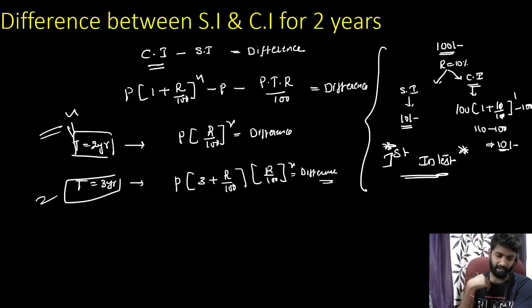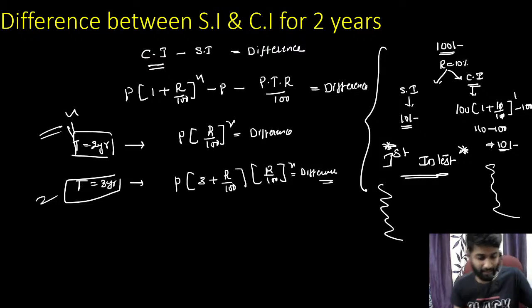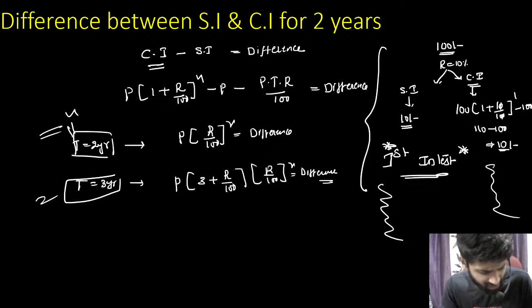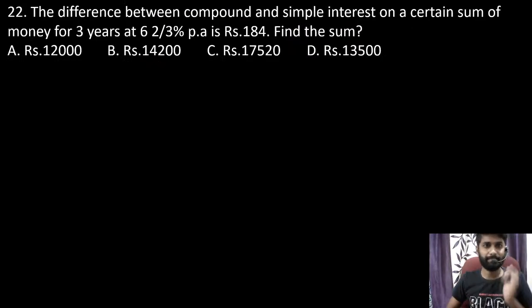But in compound interest, the first year is calculated on the principal, and the second year is calculated on the principal and the interest. That's why from the second year onwards the values change, but in simple interest the values are constant. The common feature is that the first year interest of simple and compound interest is the same. Keep this point in mind. This is the most important part. For the first year, the simple interest value is exactly equal to the compound interest. Is the information clear? Now just go with the questions.